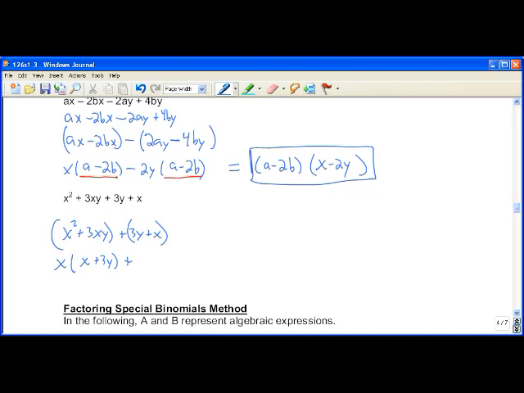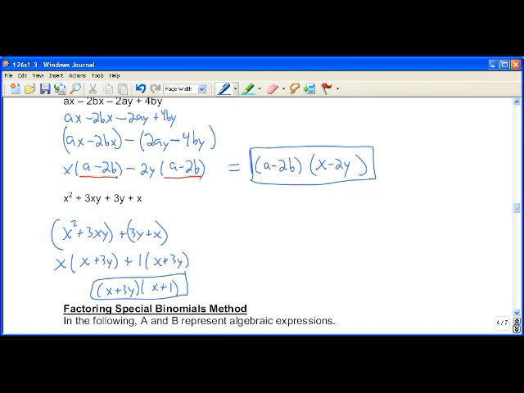Out of the second pair, I can just pull a 1 out. Now 3y plus x is the same thing as x plus 3y. So this one isn't as fun. It's not as rewarding. You don't get to do as much with it, but that's it. X plus 3y times x plus 1.